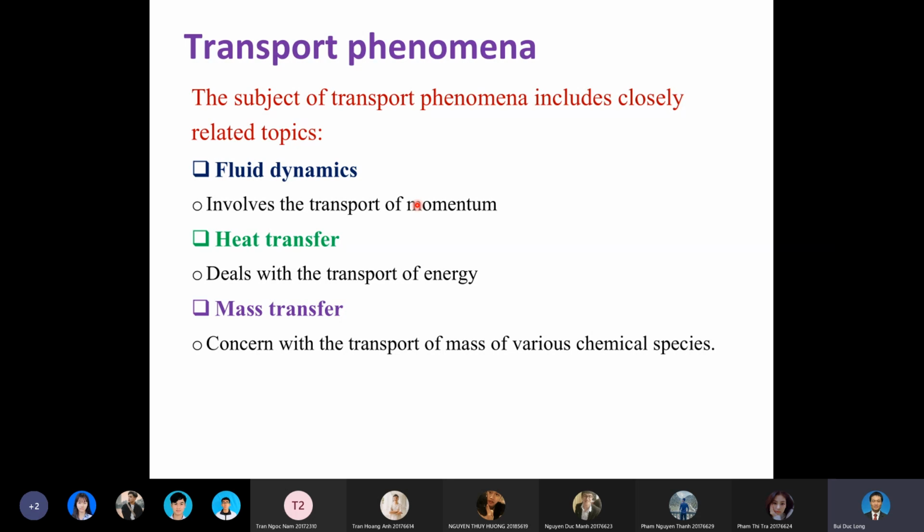Following is heat transfer, which deals with transfer of energy. I will be in charge of this part. The last one is mass transfer, which is concerned with the transfer of mass of various chemical species. Dr. Hai will also handle this part. So these are the topics of this class.